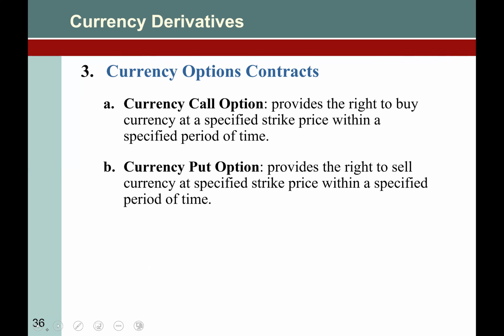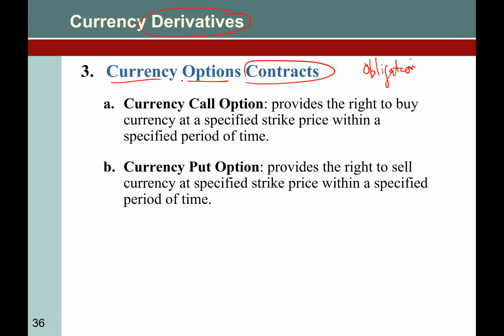Now the currency options contract, which is the third category of derivatives. Some call it derivatives, some call it derivatives, both pronunciations are correct. The previous ones we call contracts, where there is obligation.